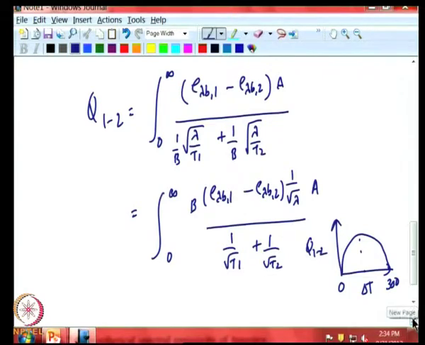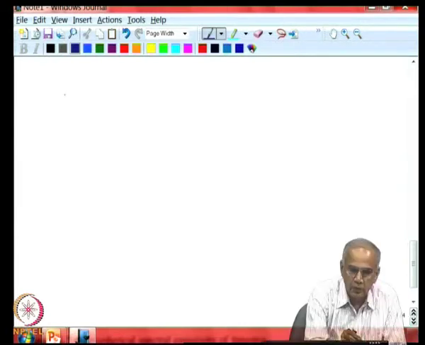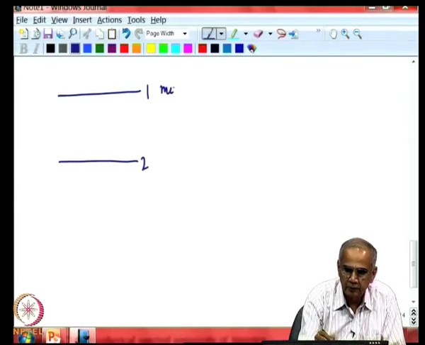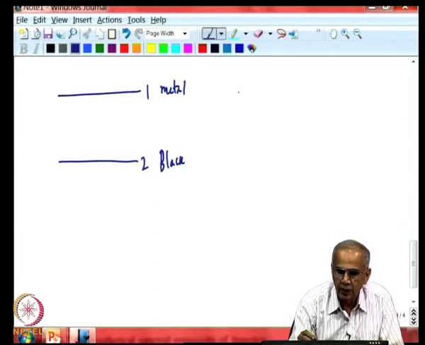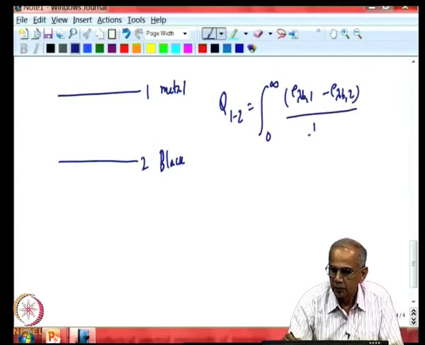So, all this occurred because of the spectral dependence and temperature dependence of emissivity of these surfaces. But let me illustrate a somewhat simpler example. This is a little complicated. Suppose plate 1 is a metal and plate 2 is black. So, this is a somewhat simpler example than the previous one, and what happens here is that your equation simplifies, since epsilon lambda 2 is 1.